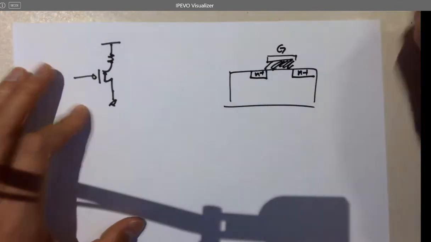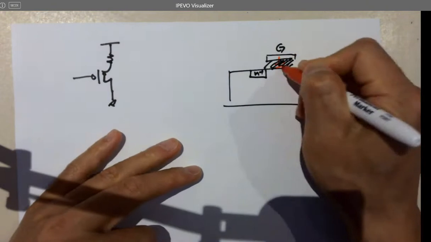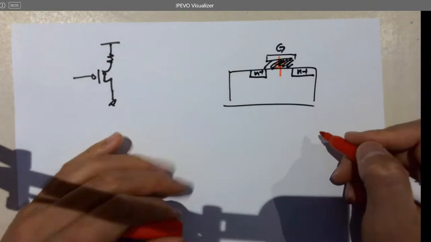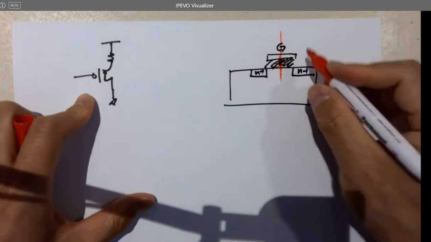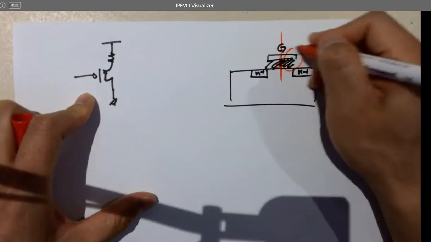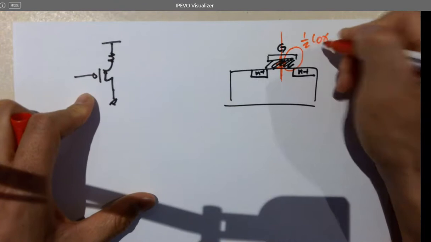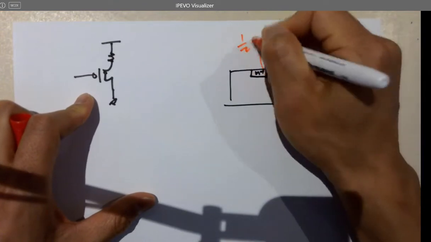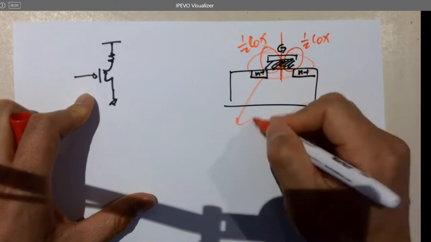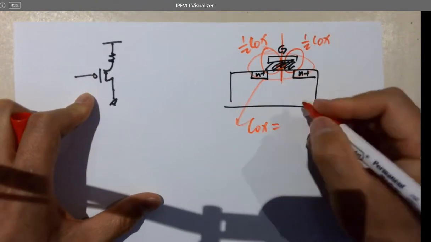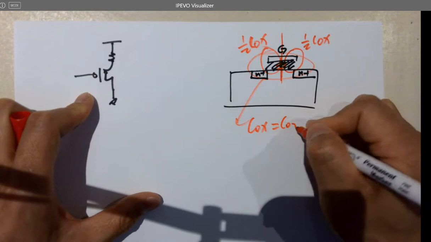So there's a parasitic capacitance over here. It's a cap. And when we model it, we divide it into two halves. We consider here as 1/2 Cox, here as 1/2 Cox, because the overall capacitance over here is Cox. So what is Cox? It's Cox prime times A.